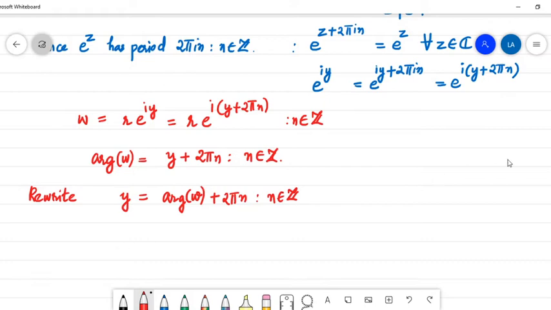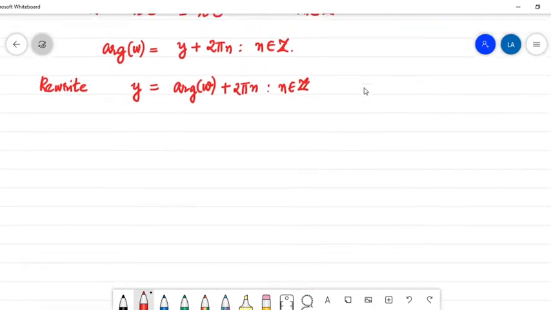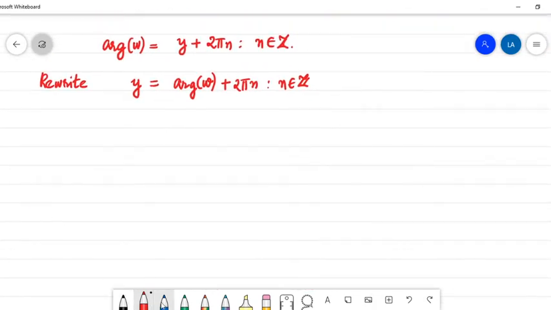So how will we make everything better? If e raised to z is equal to w, we started with this. Then we got at first that modulus of w is equal to e raised to x.